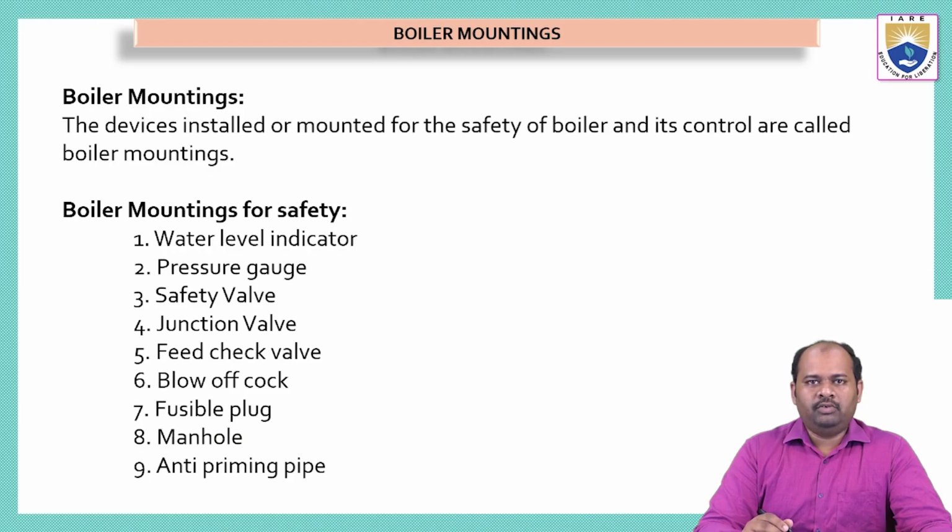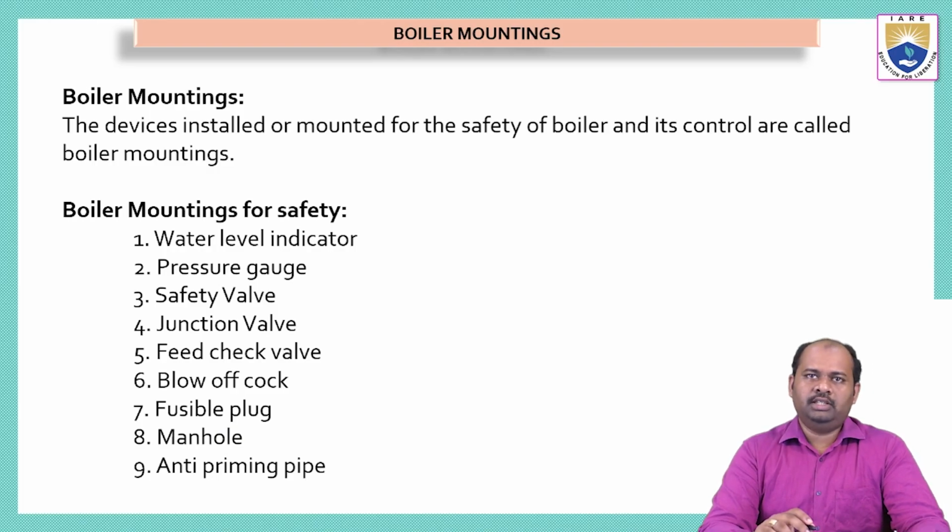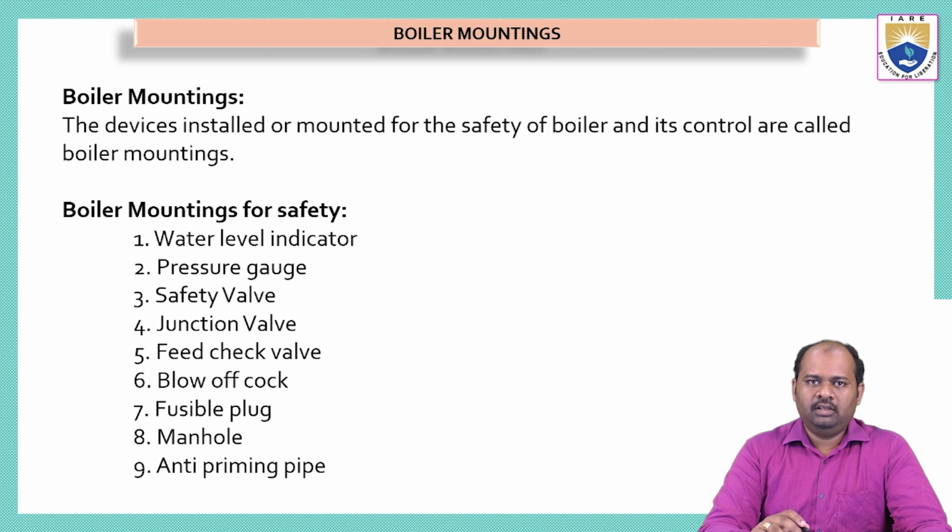So what is a boiler mounting? A boiler mounting is a device installed or mounted for the safety and control of the boiler. Boiler mountings are the devices which are attached to the boiler for the better functioning or to improve the efficiency of the boiler.